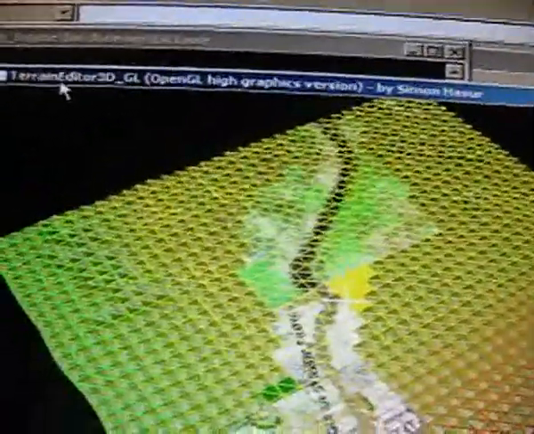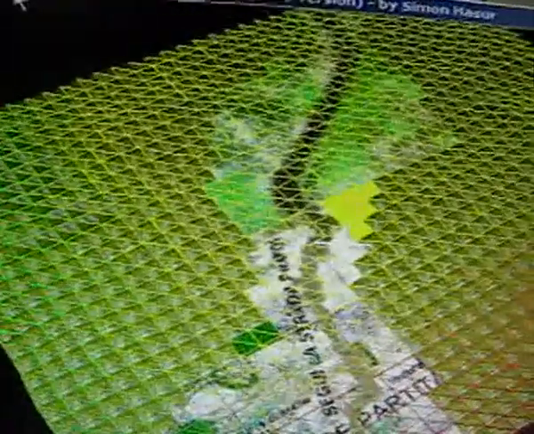Okay, and we have all our very well defined textures along a path, which of course can be very long, like tens of kilometers.